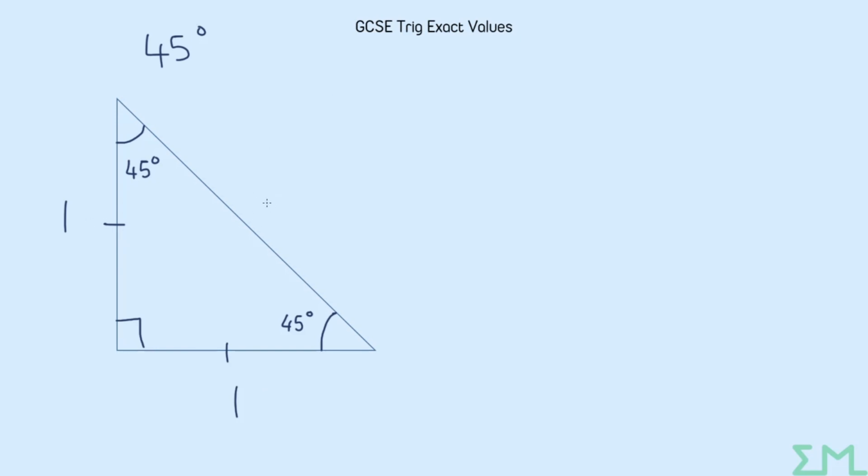If we called this x, then x squared equals 1 squared plus 1 squared. So x squared is 2, so x is the square root of 2. So we've worked out using Pythagoras that if we have an isosceles triangle with sides 1 and 1, then the hypotenuse must be root 2.